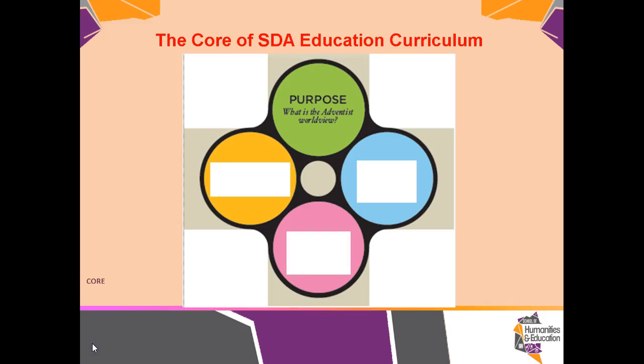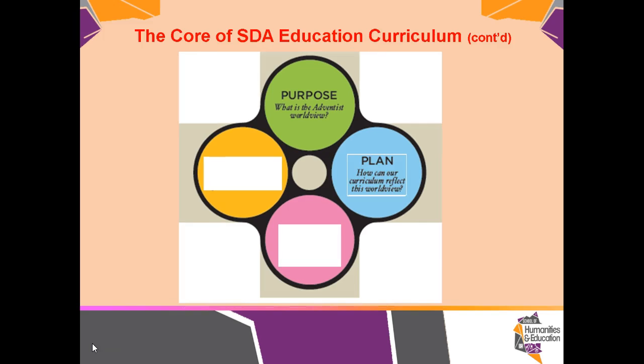The core of SDA education curriculum has 4 different P's. The first one is purpose, and it asks the question, what is the Adventist worldview? We looked at that earlier on here, and we shall continue. The next P is plan, and the question that is asked, how can our curriculum reflect this worldview?